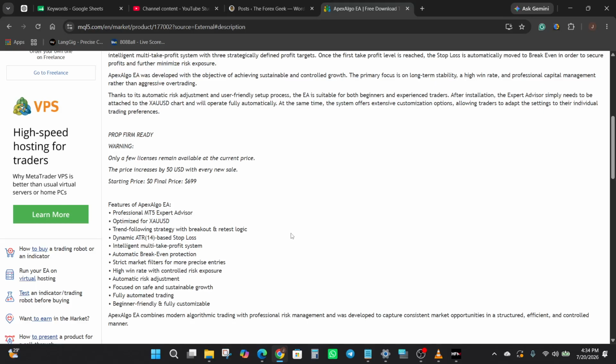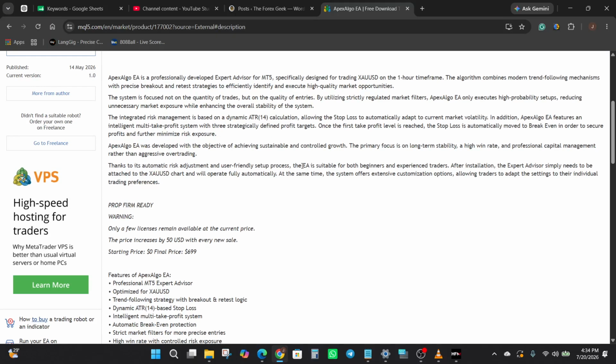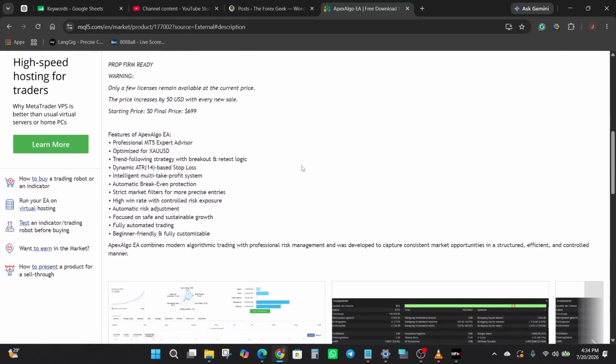This setup can help adapt to volatility, which matters because gold can move sharply. The focus on fewer but higher probability trades and built-in risk controls like break-even is something many traders appreciate for protecting capital during choppy periods.